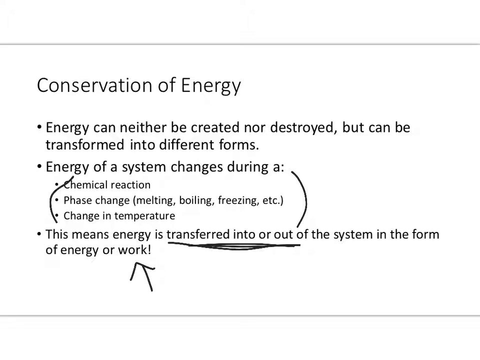One is through work, which we'll talk about in class, and the other is in the form of energy, specifically heat energy. So heat can move in and out of the system, or the system can do work, or have work done on it. We will address both of those issues when I see you in class.